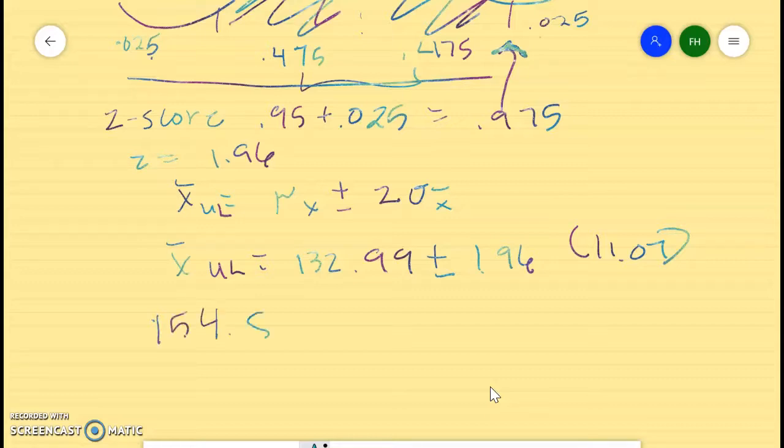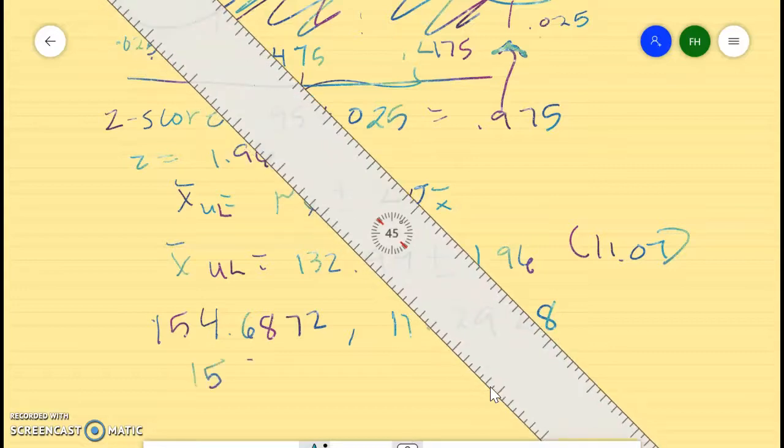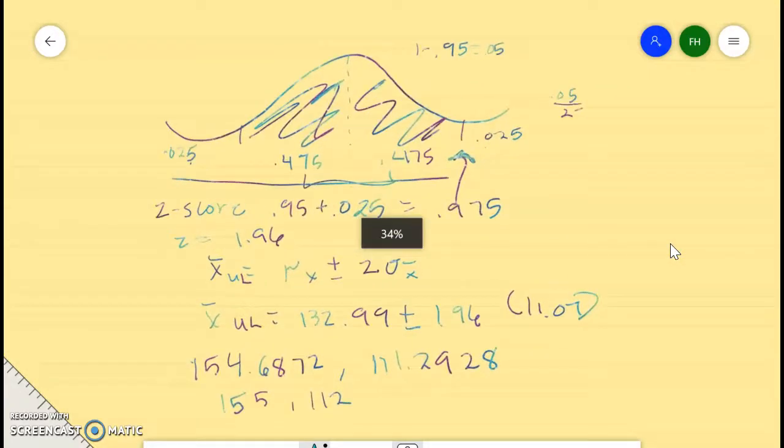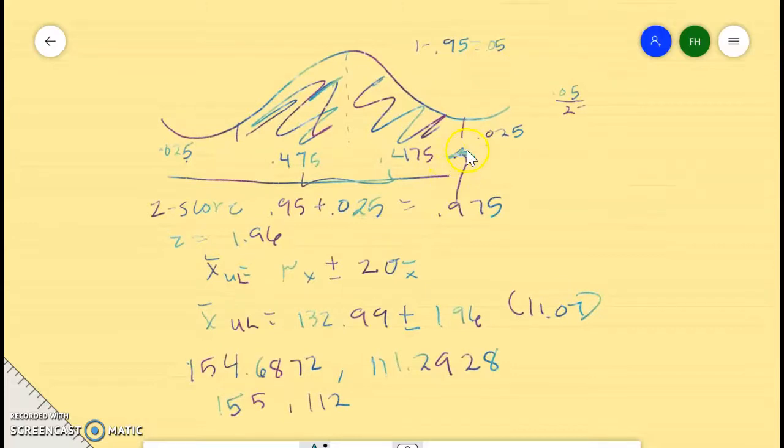If you look at the example, it tells you to round to the nearest dollar. So this is kind of the number that I got, but when I round it, I'm going to get 155 and 112.